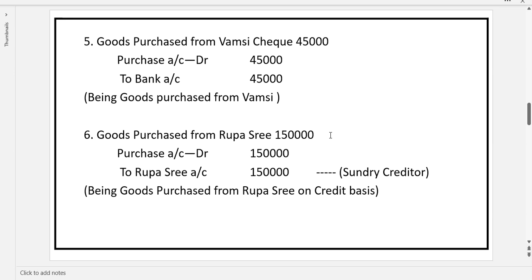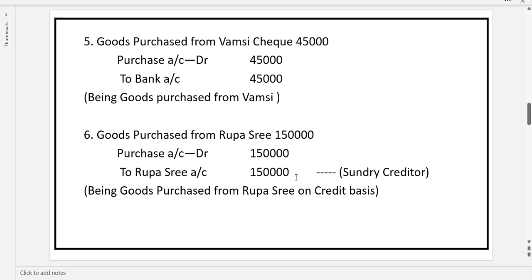So we have purchased the goods on credit. The first thing is we have purchased the goods, so we have received them: purchase account debit. Now, we have not done the payment, but at the end of the day, to whom do we need to pay? Rupasri. That's why we credit Rupasri. So purchase account debit to Rupasri account. Who is Rupasri for us? She is a supplier or vendor.